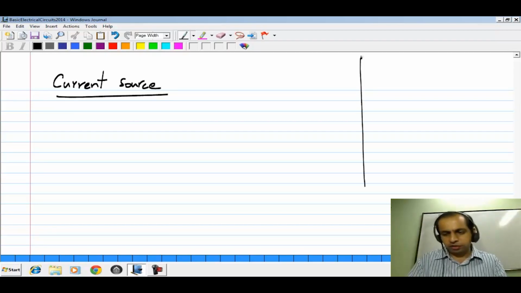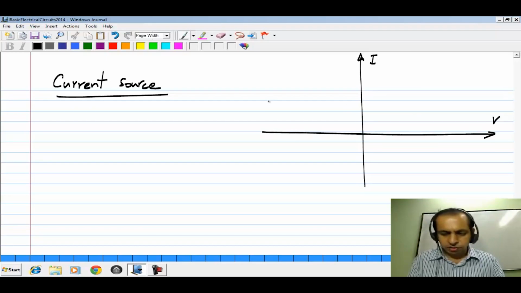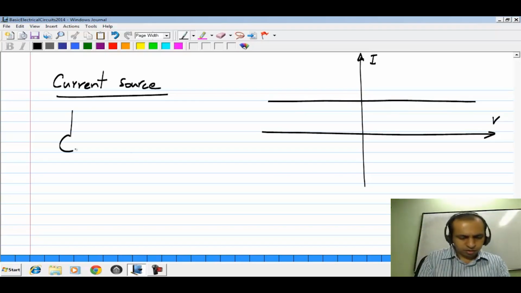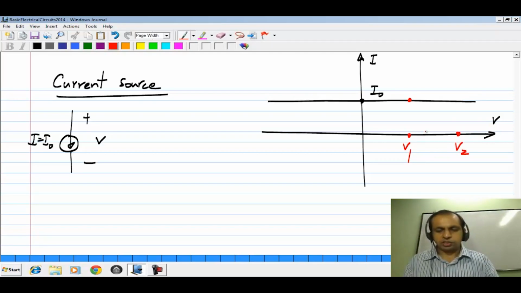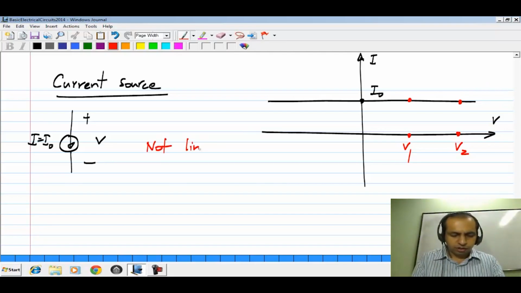Again, the IV characteristic consists of a straight line, this is I naught, but it's pretty obvious that superposition does not hold, because if you apply a certain voltage V1, you get a current I naught. If you apply a certain voltage V2, which is let's say double of V1, you will still get a current, the same, which is I naught. Okay, you will not get double the current. So clearly this is also not linear.